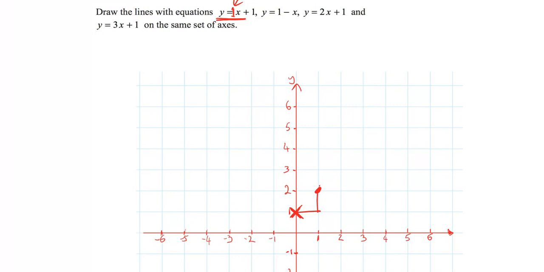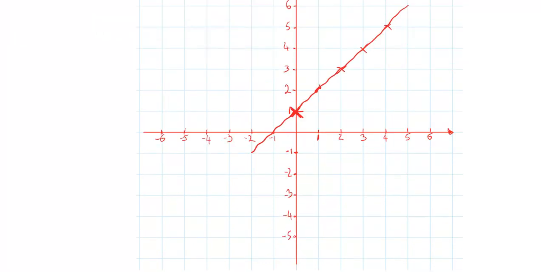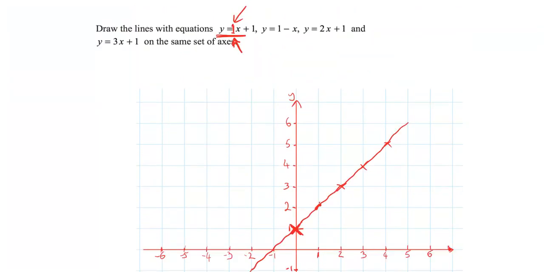Think of it as every time I go 1 across, this gradient is however far I go up. So another point would be there, and another point there, and so on. Once you've got a few of them, I'm sure you could join these up in a straight line through any graph. So there we go, this is the line y equals x plus 1.